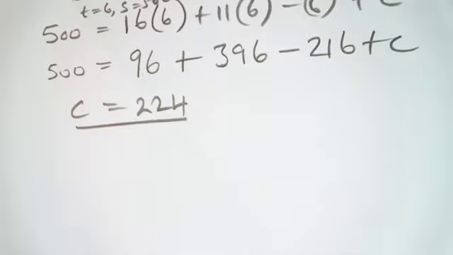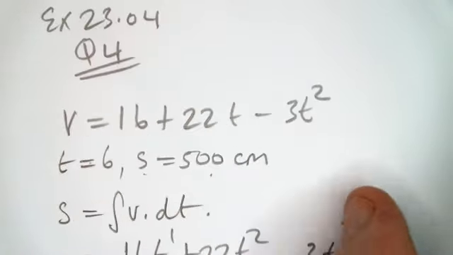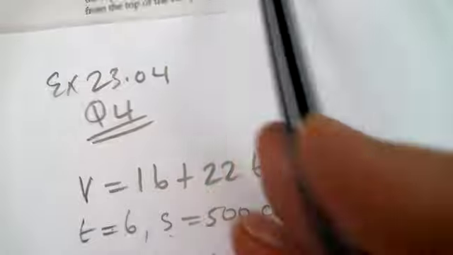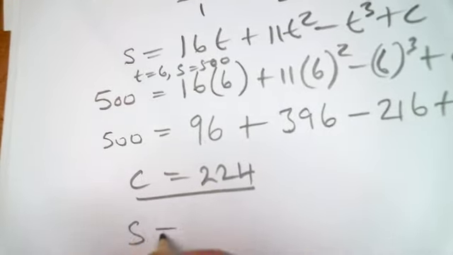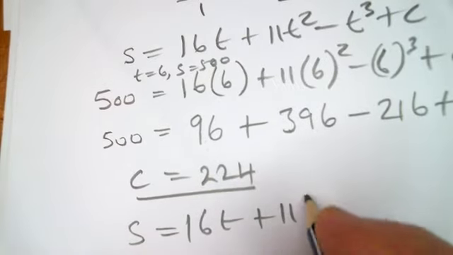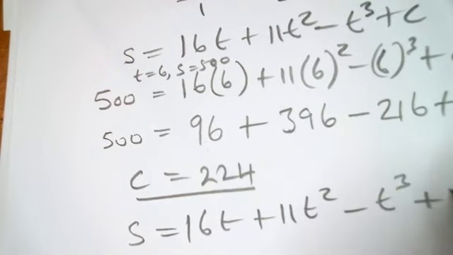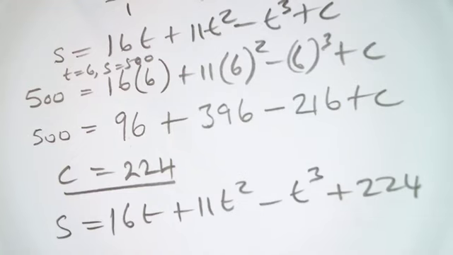So now we can write out our equation for s. What was the question actually? How far was the car from the top of the ramp at the start? That's nice and easy now. Here's the equation: s is equal to 16t plus 11t squared minus t cubed plus 224.